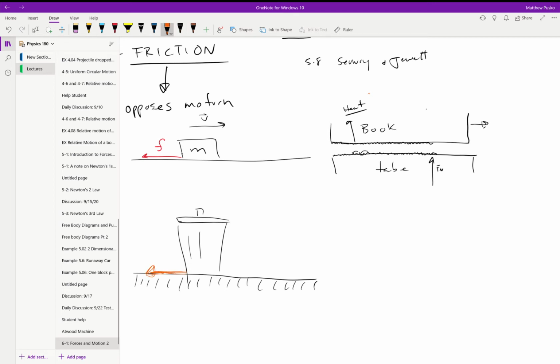Down here at the base, we have some force of friction, and we're going to call this static friction for now. Static friction is the friction that exists when you're not in motion. And it is actually the greatest force of friction that we can have, and you'll see why in just a moment.